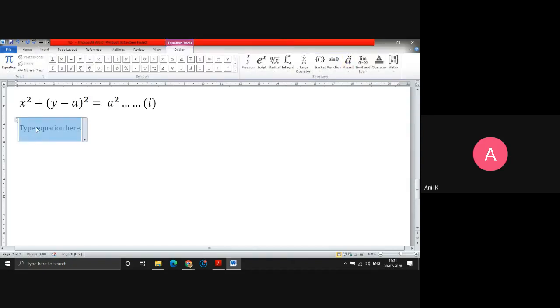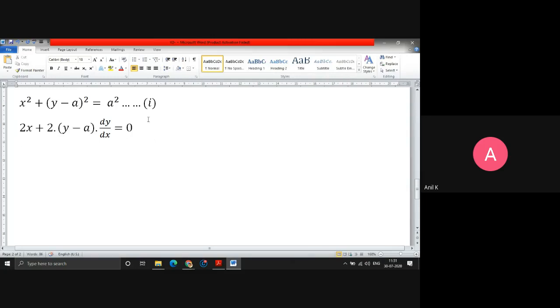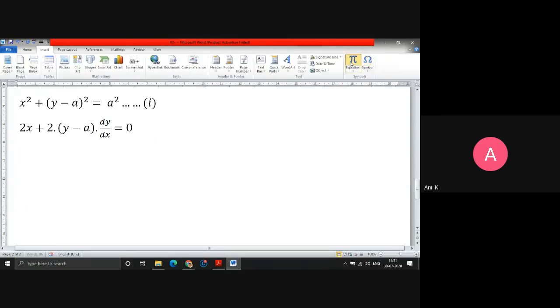Let me see. Differentiation of x square is 2x, plus differentiation of y minus a whole square is 2 into y minus a into the derivative of y minus a, which is dy by dx, equals to a square is a constant term, its derivative is going to be 0. Now I can further simplify it.